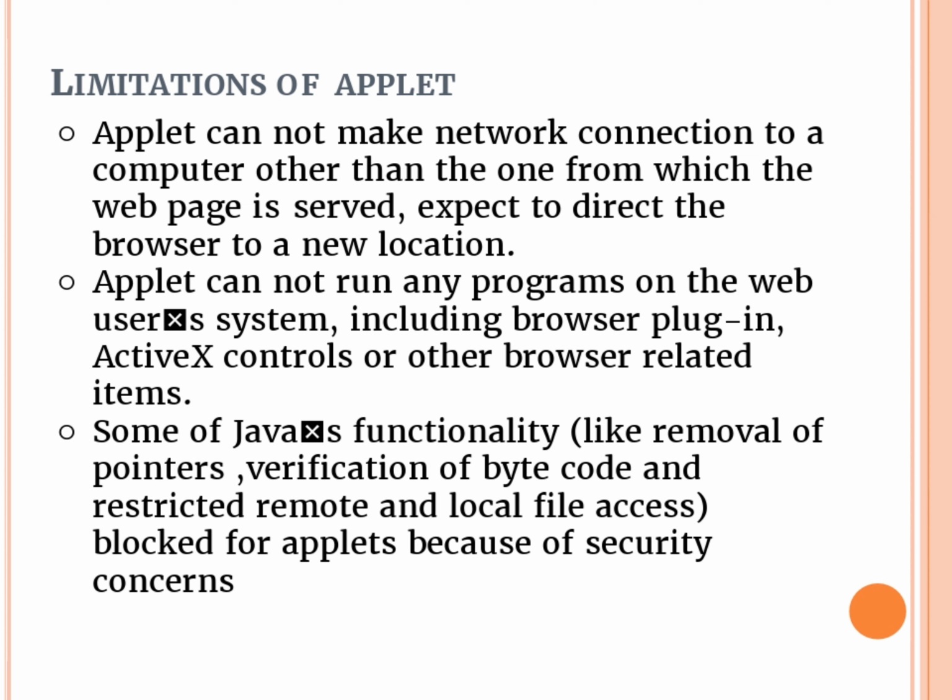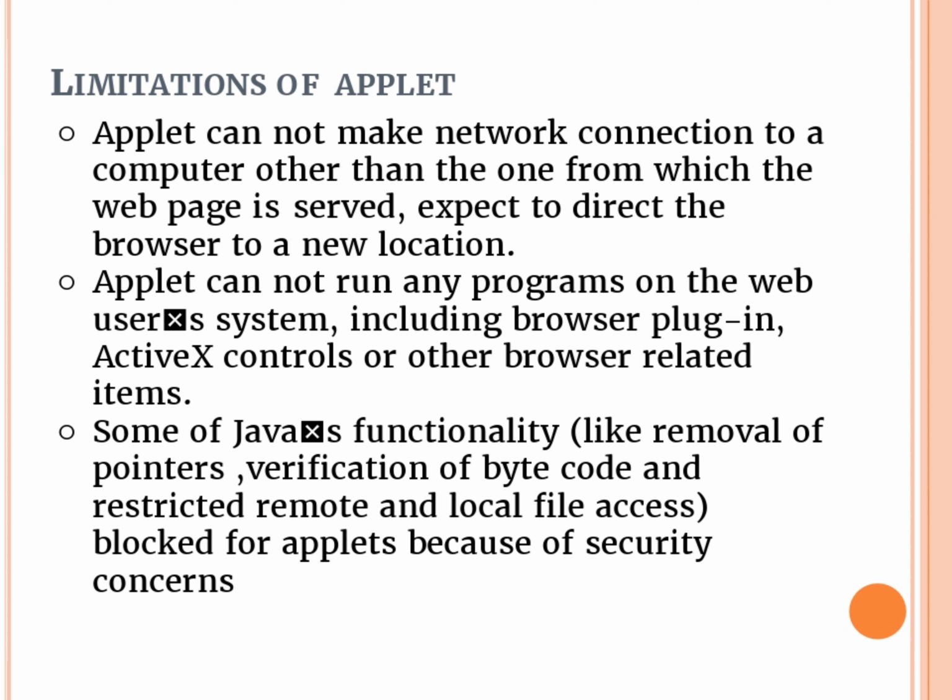From the starting of this applet class, I have mentioned that applets have security problems. Due to these security problems and the evolution of modern technologies, applets have reduced drastically. This is the main reason applets cannot be used nowadays.